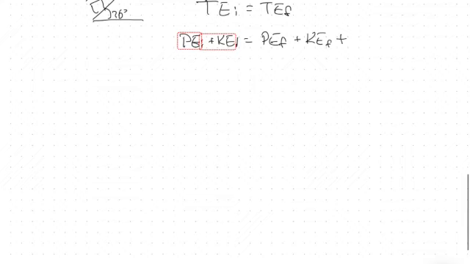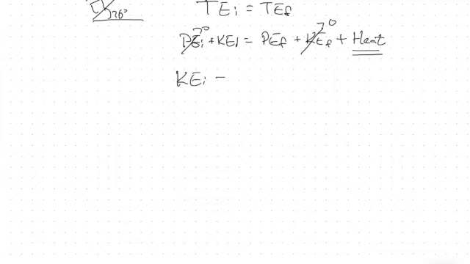We have another term here, which is heat lost. That's added on this side. So again, potential energy initial is 0. Kinetic energy final is 0. So we get kinetic energy initial equals potential energy final plus heat. That's the 320.